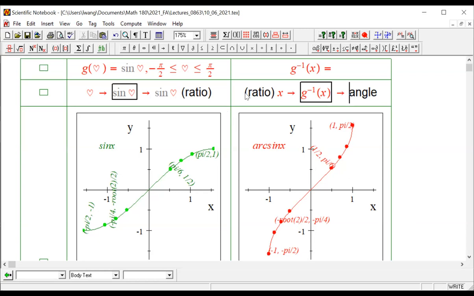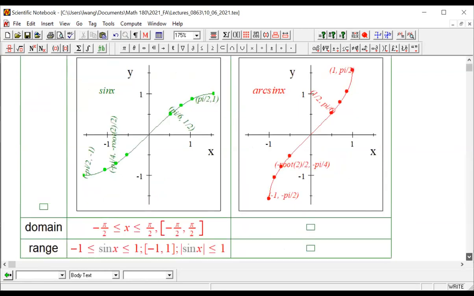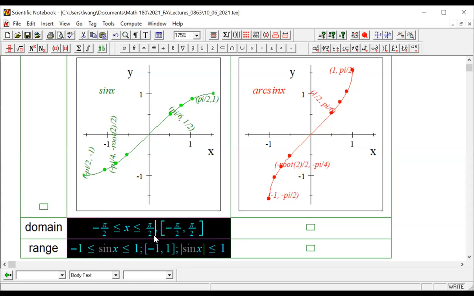Okay, what angle? But this time, the ratio has to be what? Because in this piece, the ratio will be the domain. In this green, the angles are the domain description. Do you follow me?